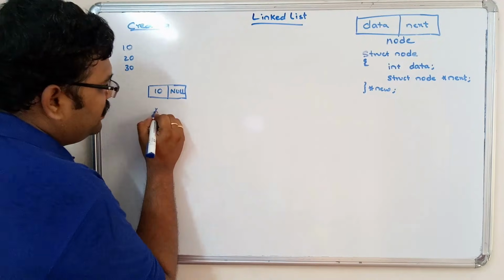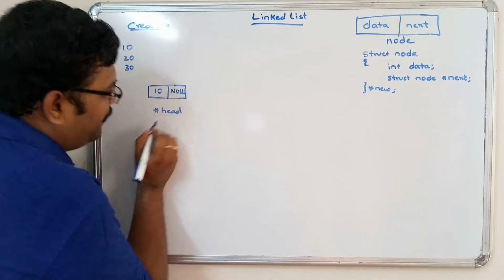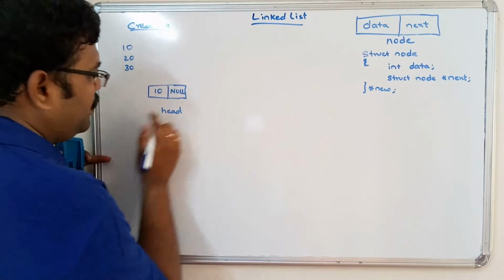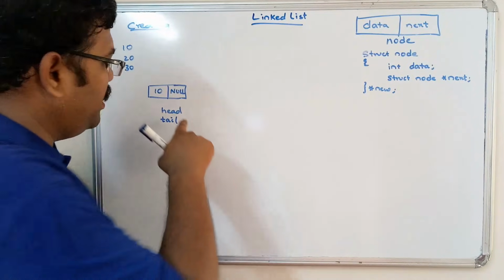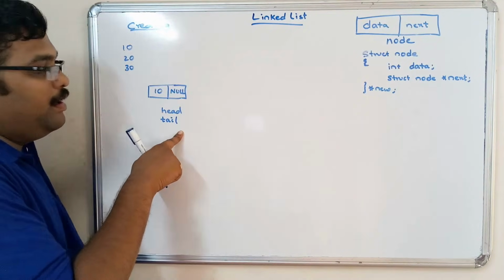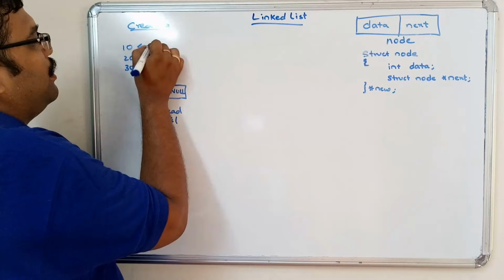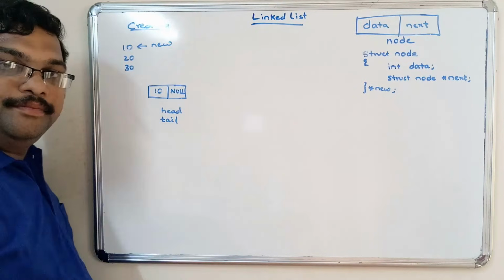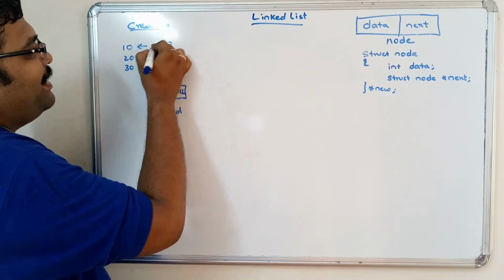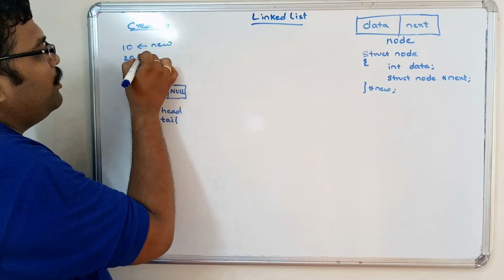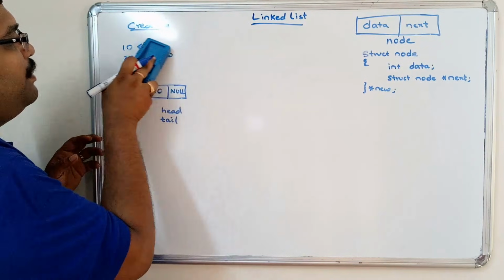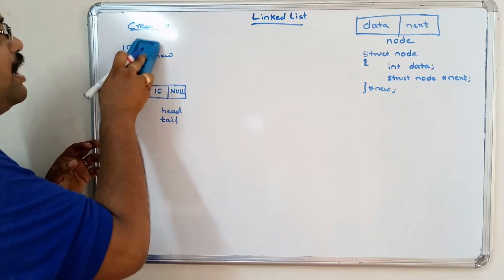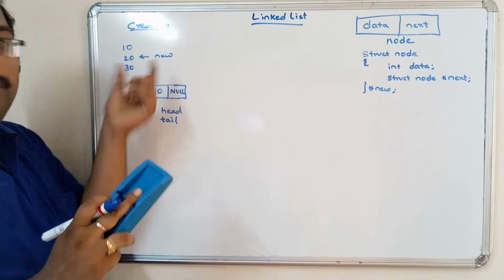Now this will be the head, this will be the tail. Head, tail, new. In the second iteration, the new will be this one. Whatever elements we are inserting, that will be the new.